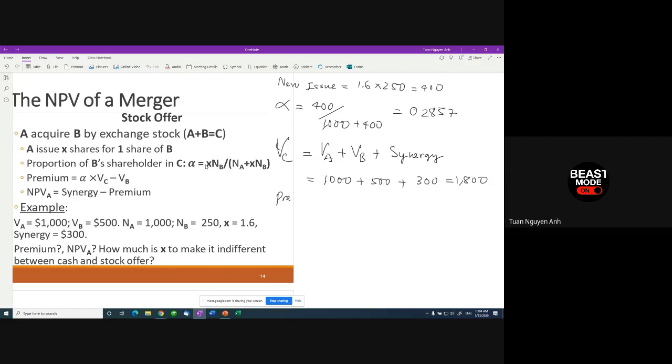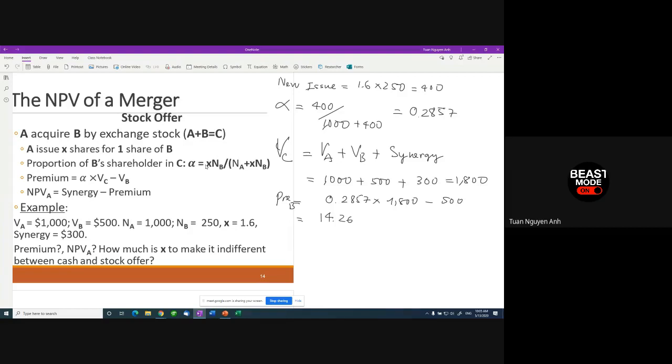So the premium going to B's shareholders is equal to alpha multiplied by the value of company C minus the current value of company B of 500. This is equal to 14.26.